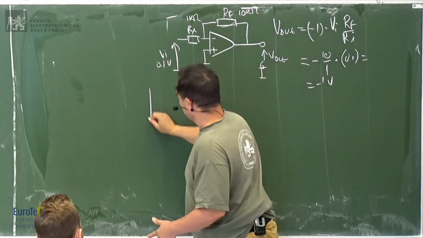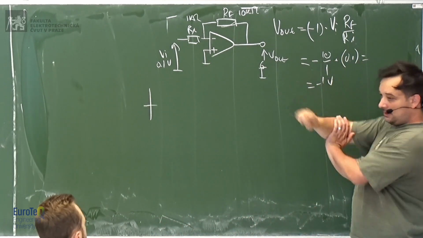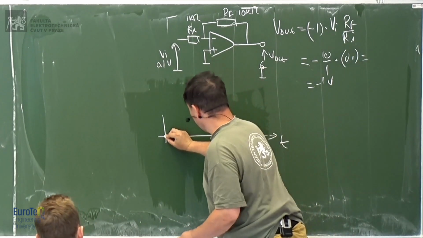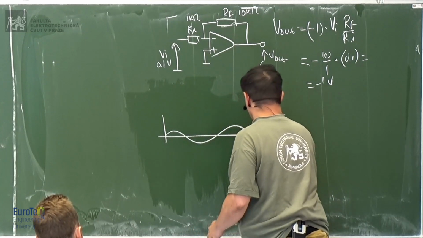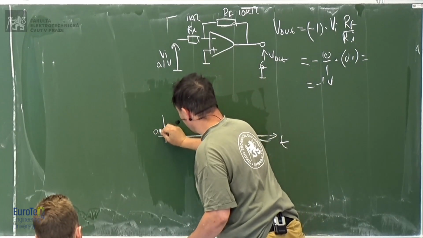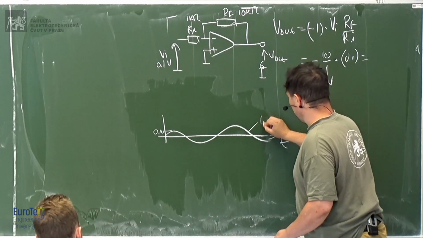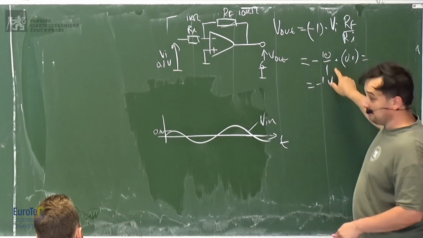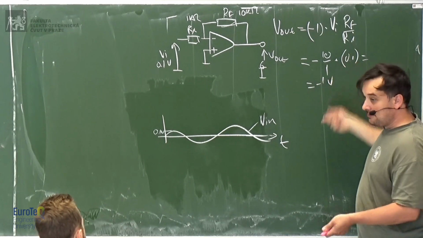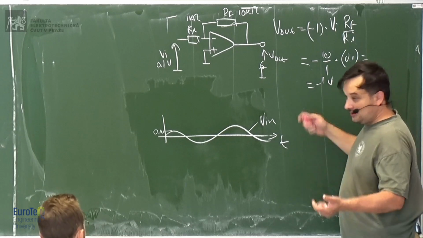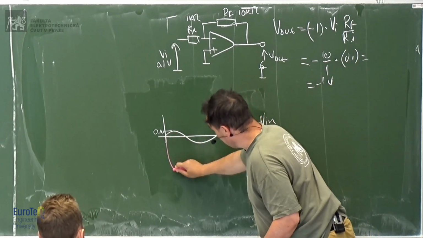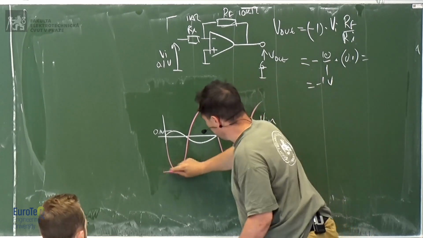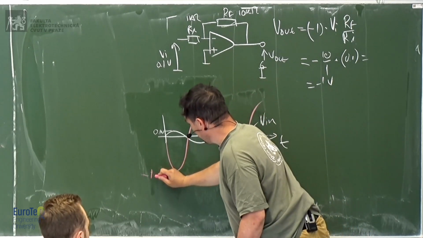It's 10 times bigger, but opposite. Let's say this is 0.1 volt, the V input. Now V output is negative V input times 10, so it will be opposite and bigger. So yes, this is negative 1 volt.